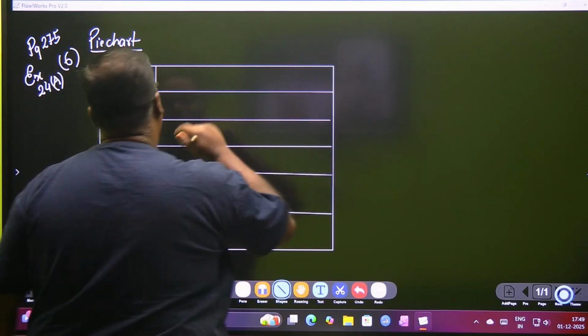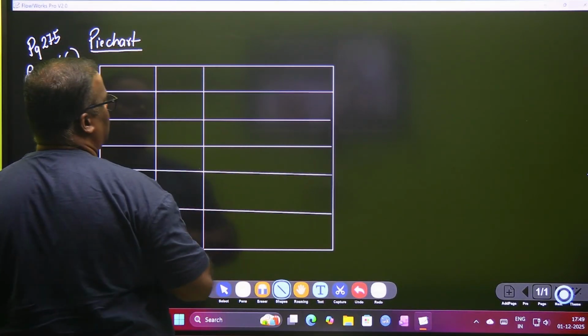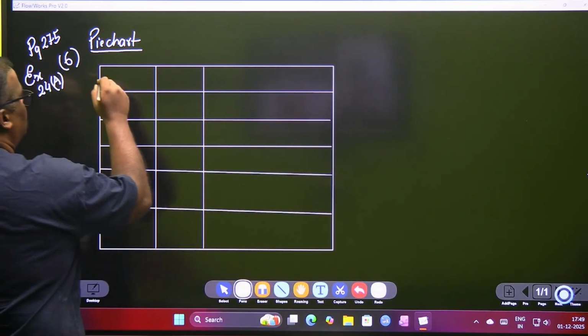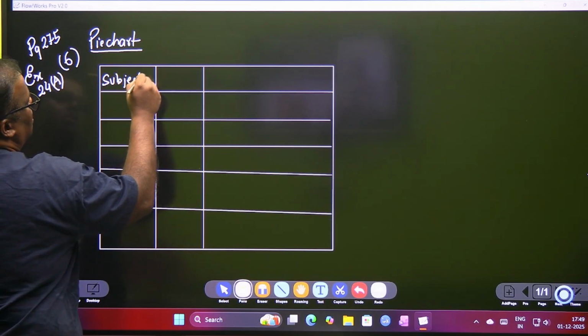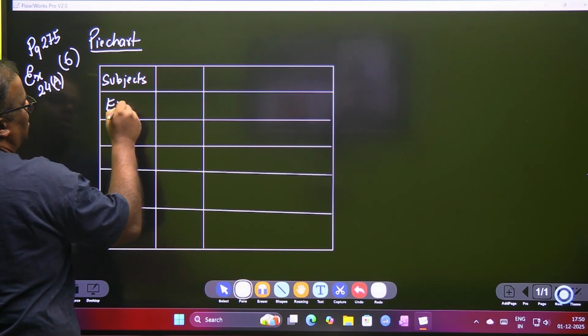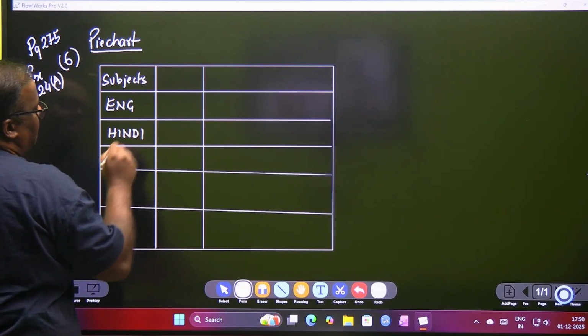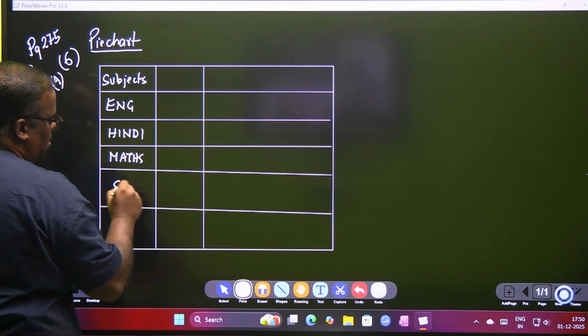So here we will have our subjects. Here we have the scores, right? And then we will do the angle measurement on this one. So let's put our subjects: English, Hindi, Maths, then Science and Social.